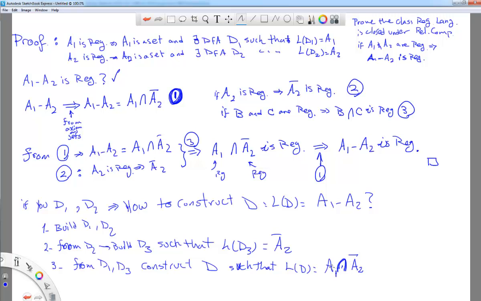And this is how we construct a machine, based on the 2 machines for the 2 languages, to accept and recognize the subtraction of those 2 languages.